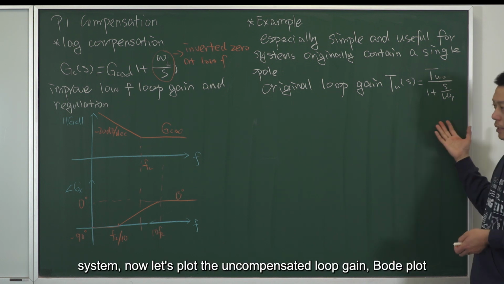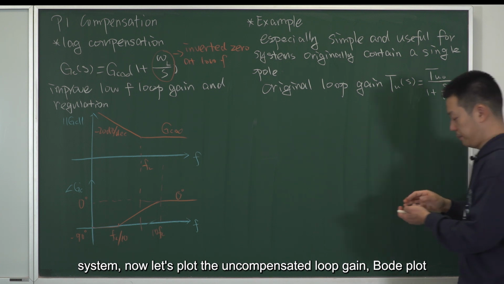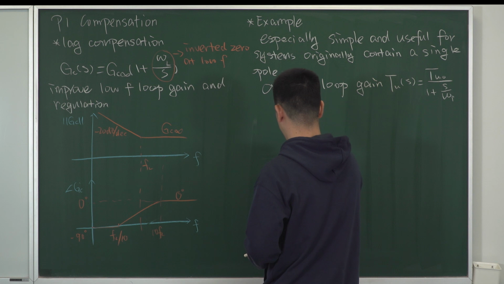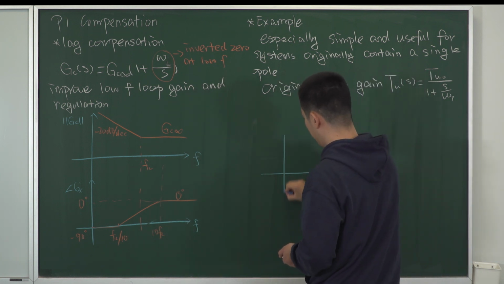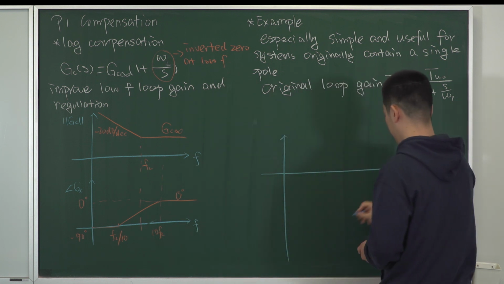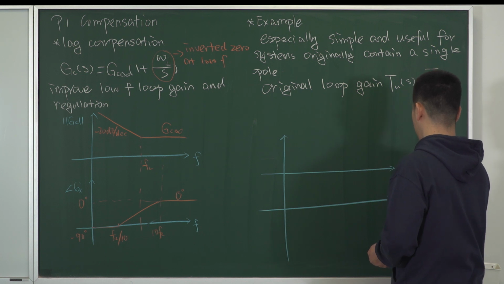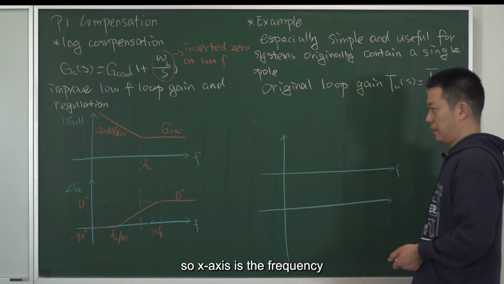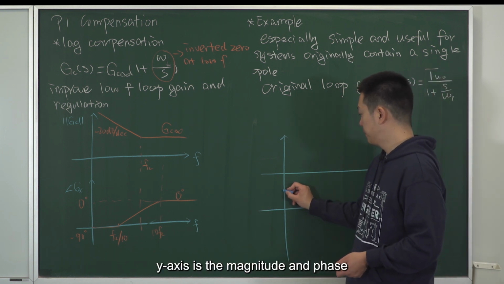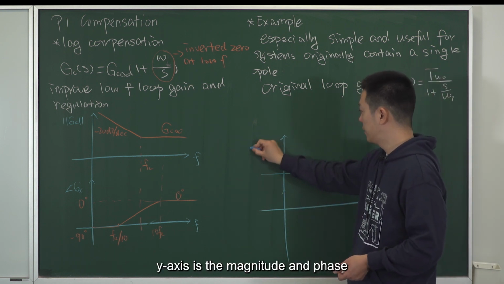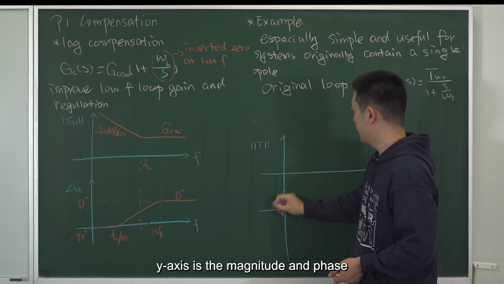Now let's plot the uncompensated loop gain Bode plot. The x-axis is the frequency, the y-axis is the magnitude and phase.